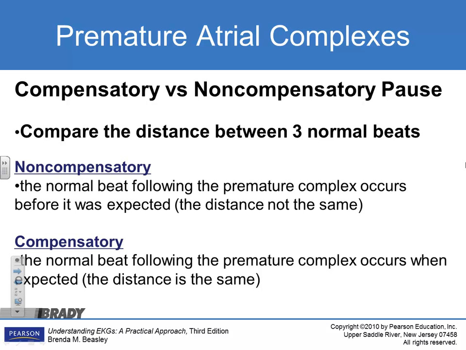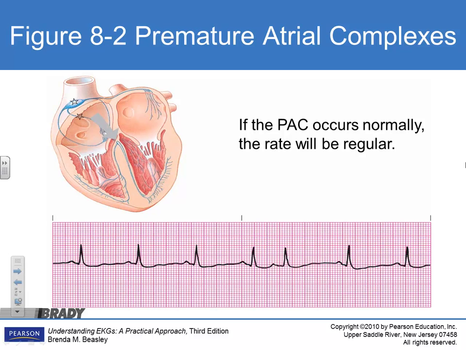With a compensatory, the normal beat following the complex occurs at the expected distance. That means the body's compensated for it and it looks real regular. It would be regular if you just slid that over. Non-compensatory, there's going to be an extra pause there where the body hasn't compensated for that ectopic beat. Does that make sense? Y'all can think about it. You can ask me and I'll explain it later on if you want.